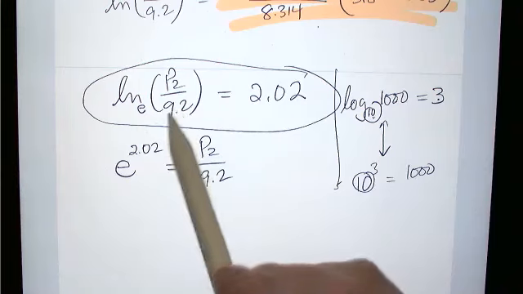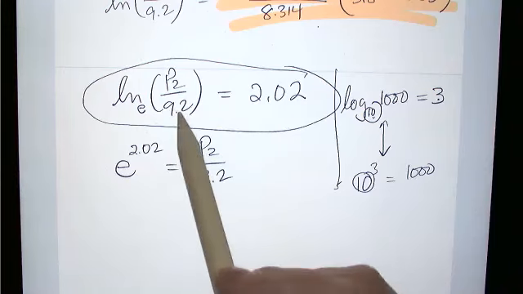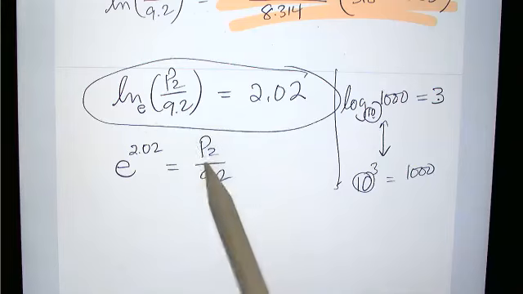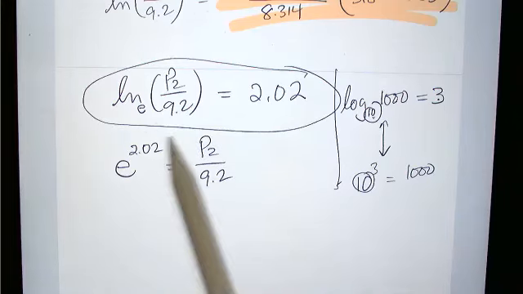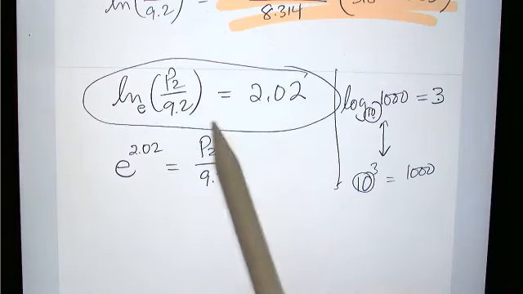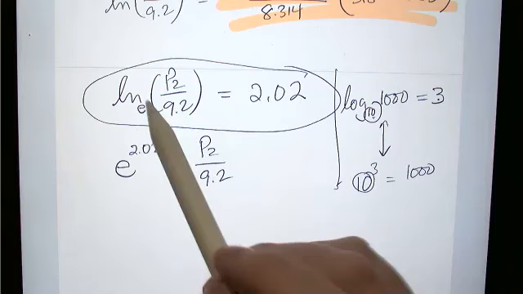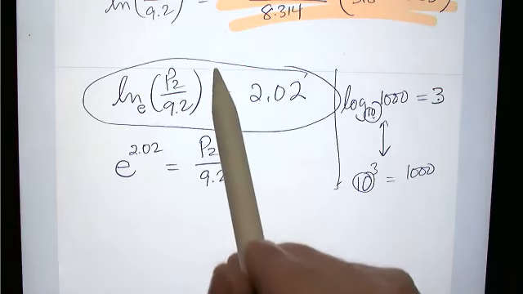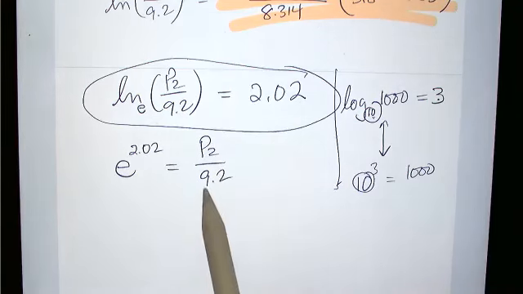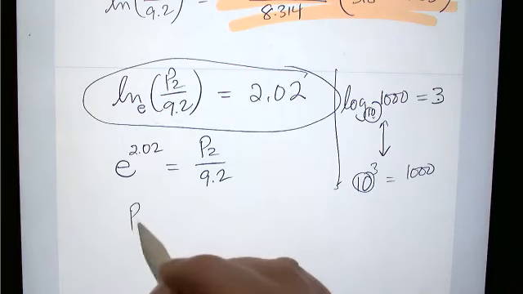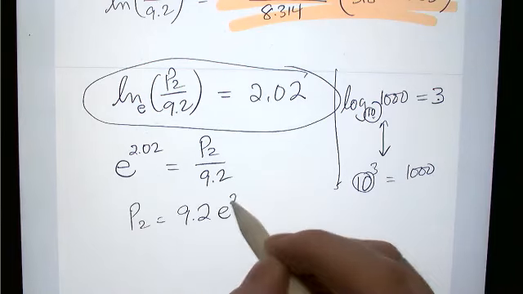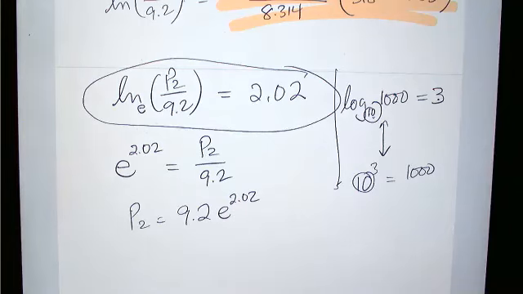This is not the natural log of P2 all divided by 9.2. This is the natural log of P2 over 9.2, so the 9.2 is inside the logarithm also. You couldn't just multiply by 9.2. But now there's no more logarithm. So now P2 is 9.2 times e to the power of 2.02.